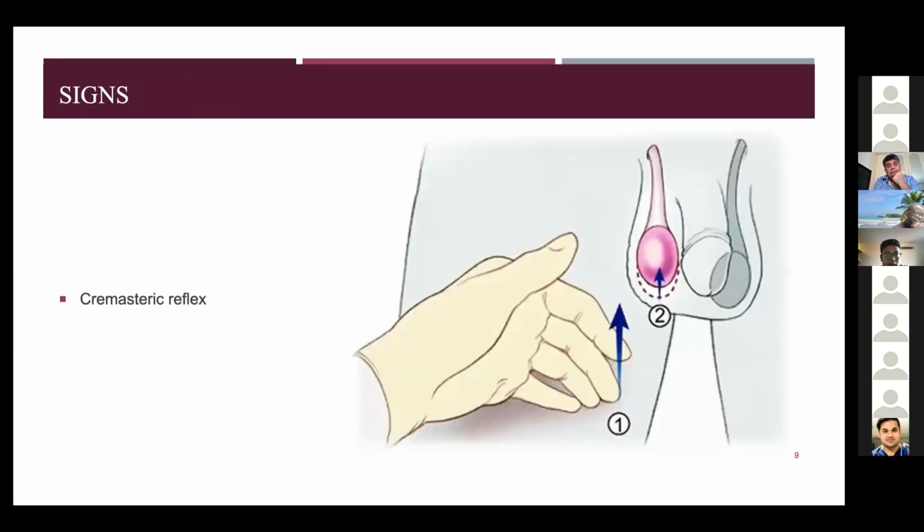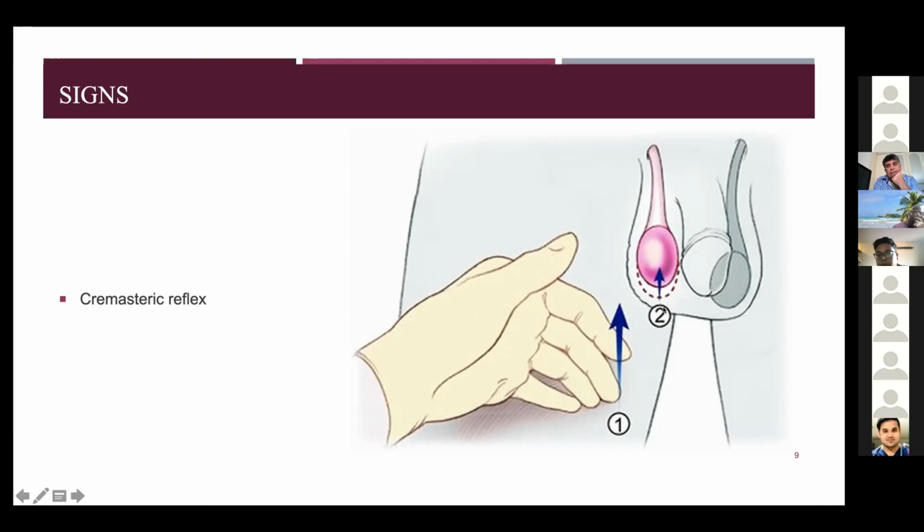And another reflex is the cremasteric reflex, which is usually mediated by the ilioinguinal nerve and the genital branch of the genitofemoral nerve. How we do it is by gently stroking the superomedial part of the inner thigh, which causes the ipsilateral testis to move upwards.